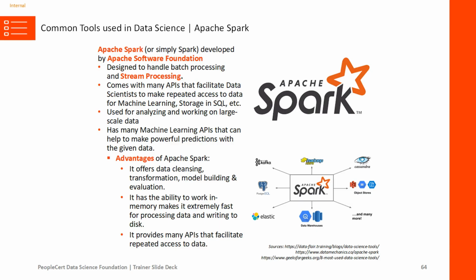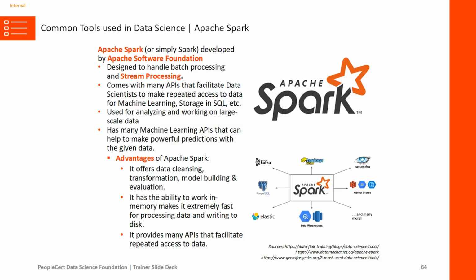Now let's look at the advantages. It offers data cleaning methods. It also helps you in the transformation of data. It helps you do model building and then the overall evaluation process as well. Apache Spark has integration with Kafka, with Hadoop, with PostgreSQL, and it also integrates with data warehouse tools as well.